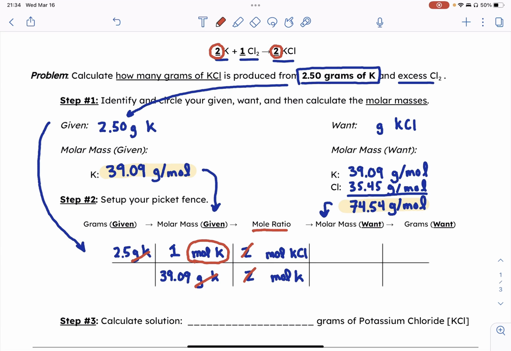But what is important is that moles of potassium are going to cancel, and now we're in units of moles of potassium chloride. So the last step is that we need to convert moles of potassium chloride to grams of potassium chloride.